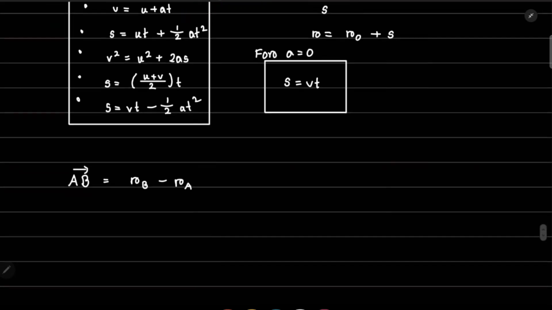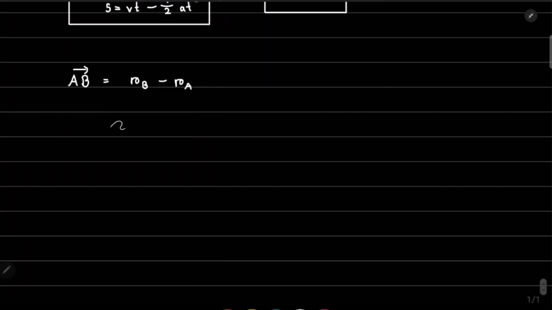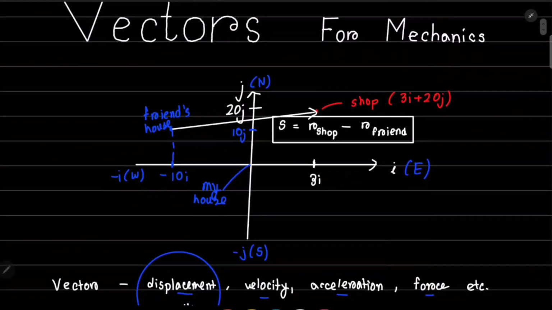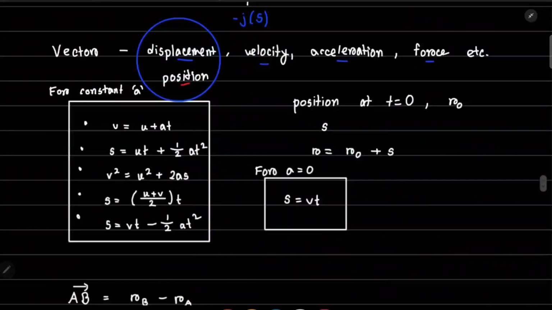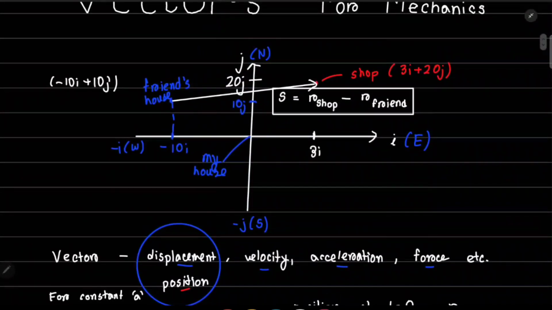For example, I can use this reference over here. My friend's house is at minus 10i plus 10j, and the shop is at 3i plus 20j. Now the displacement from my friend's house to the shop would be the position vector of the shop minus the position vector of my friend's house.